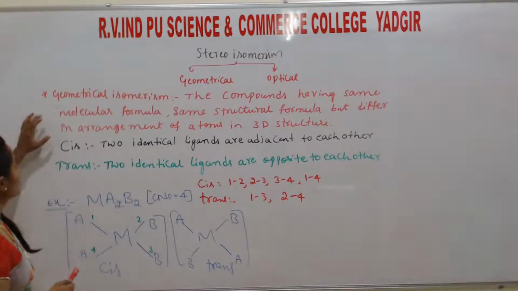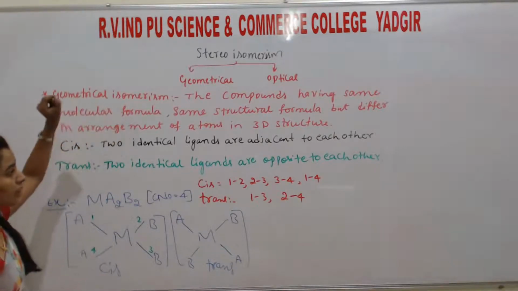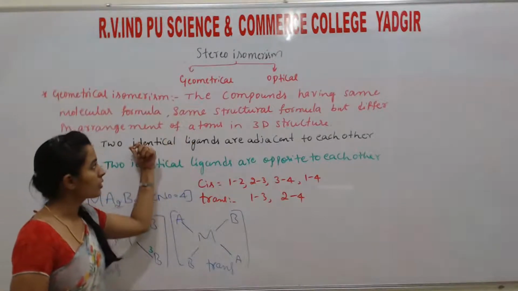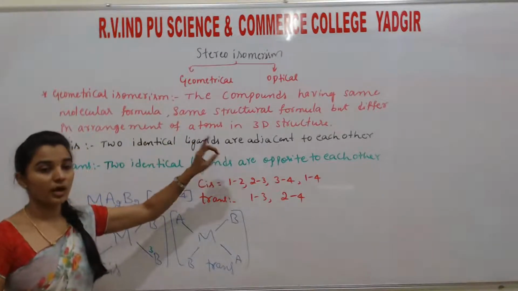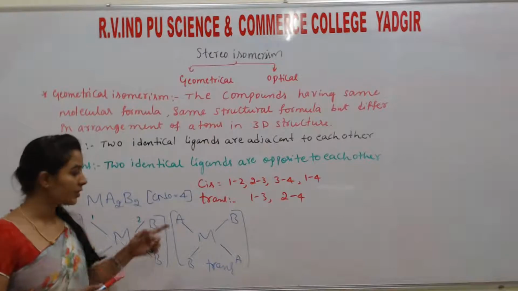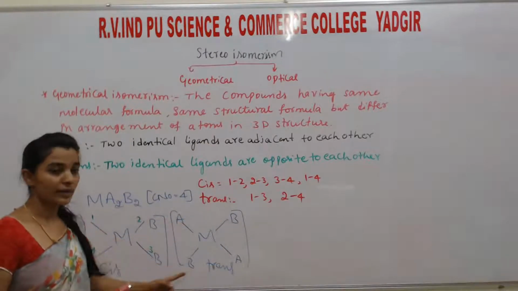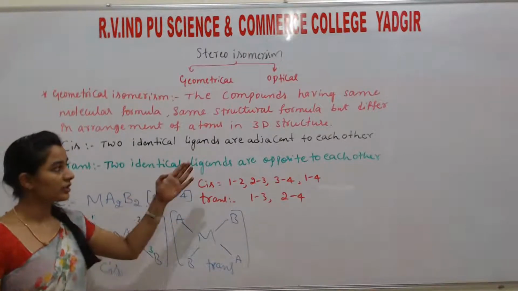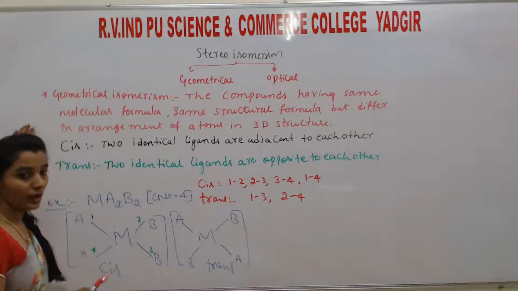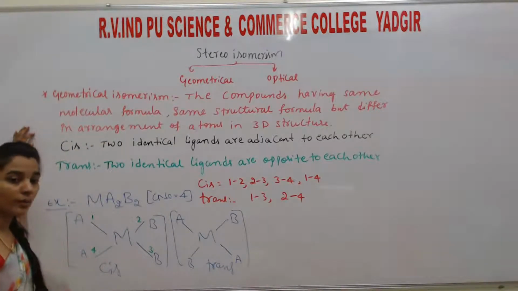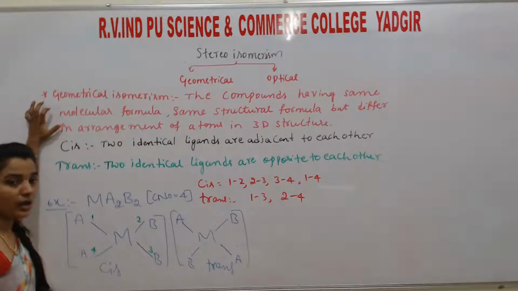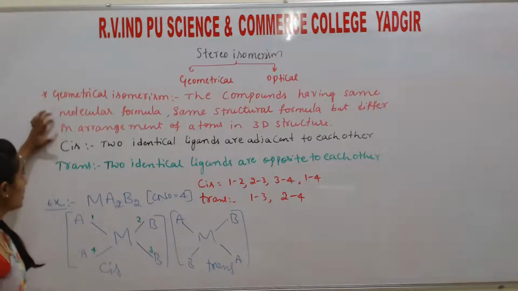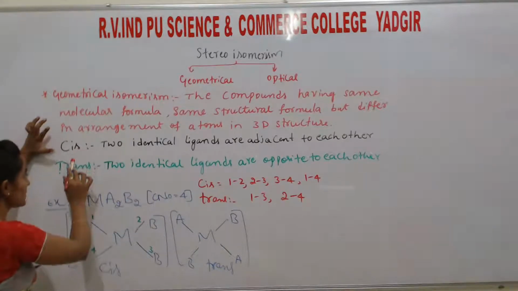So here, geometrical isomerism means the compounds having the same molecular formula, same structural formula, but differing in the arrangement of atoms in the three-dimensional space are called geometrical isomers, and the phenomenon is called geometrical isomerism. In that, two types are there, cis and trans.